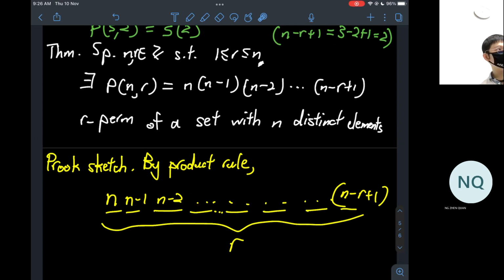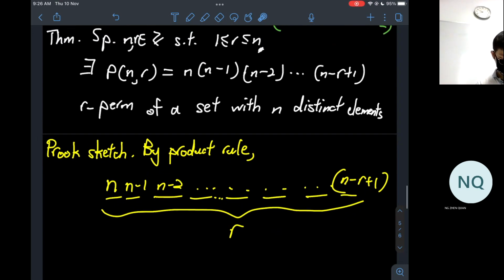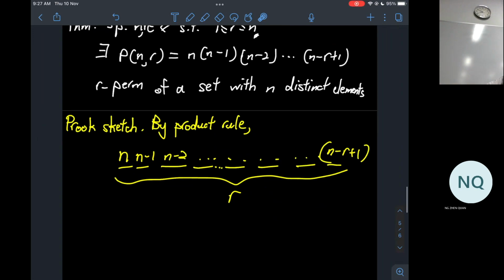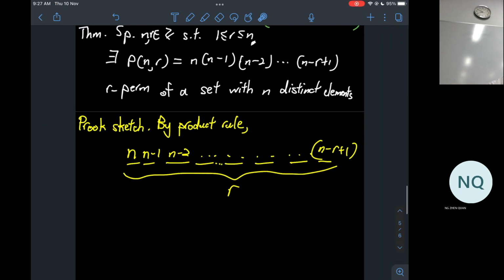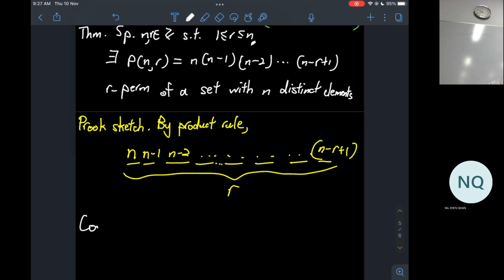Okay. So this one uses the product rule. So how is it connecting to the factorial? Corollary. So how to connect to the corollary?